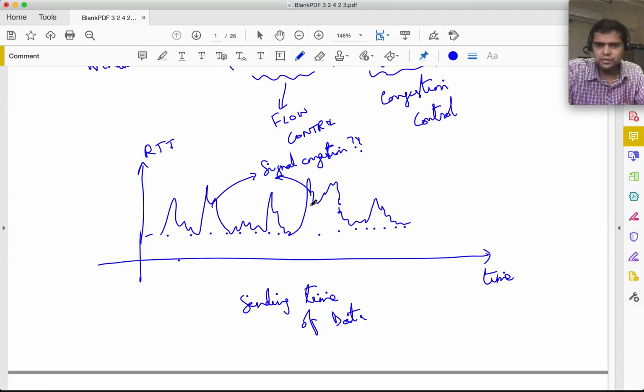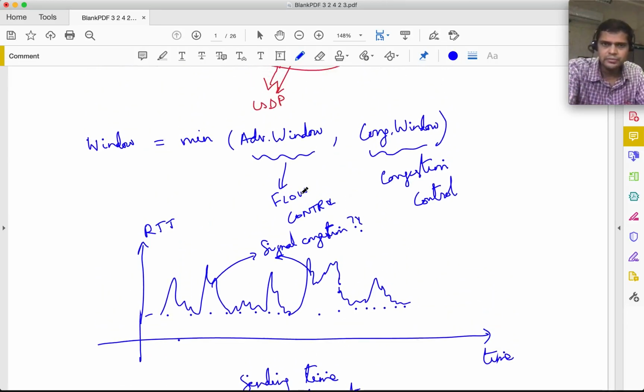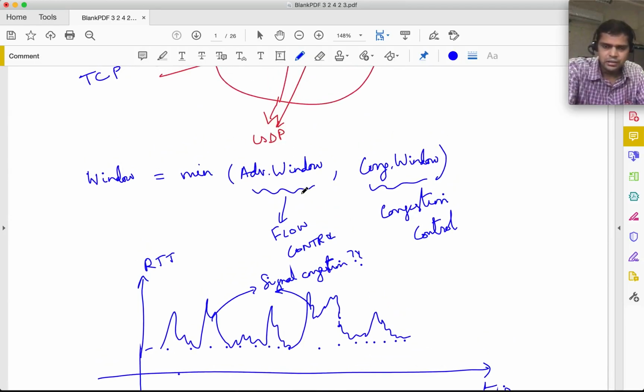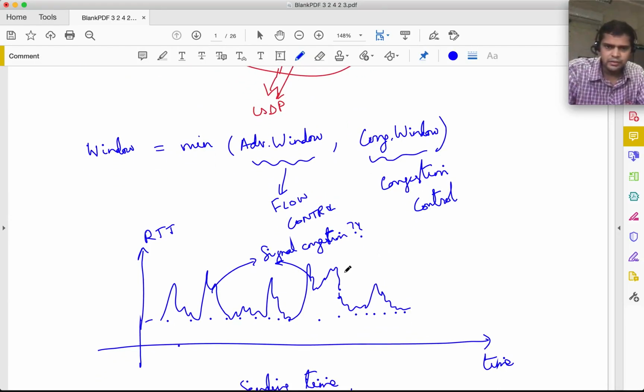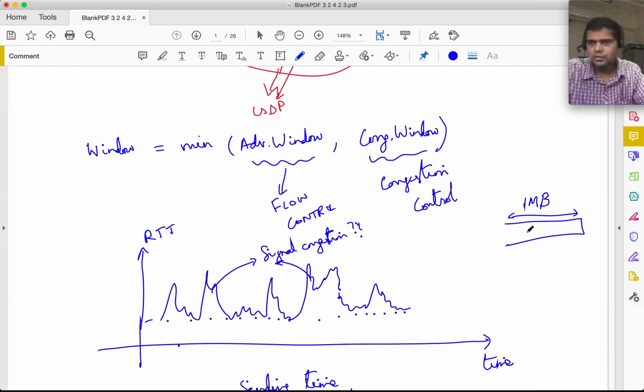But it's not clear what to do, because if the links are fast, like suppose you have a 10 gigabit per second link, actually maybe even a large queue, suppose you have a queue, let's say of 1 MB, okay, that's a reasonable buffer size, it can hold several packets.